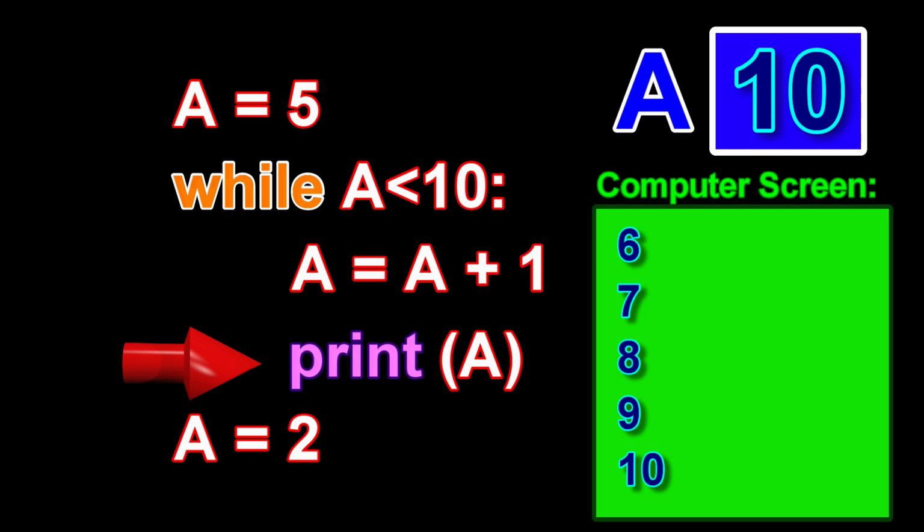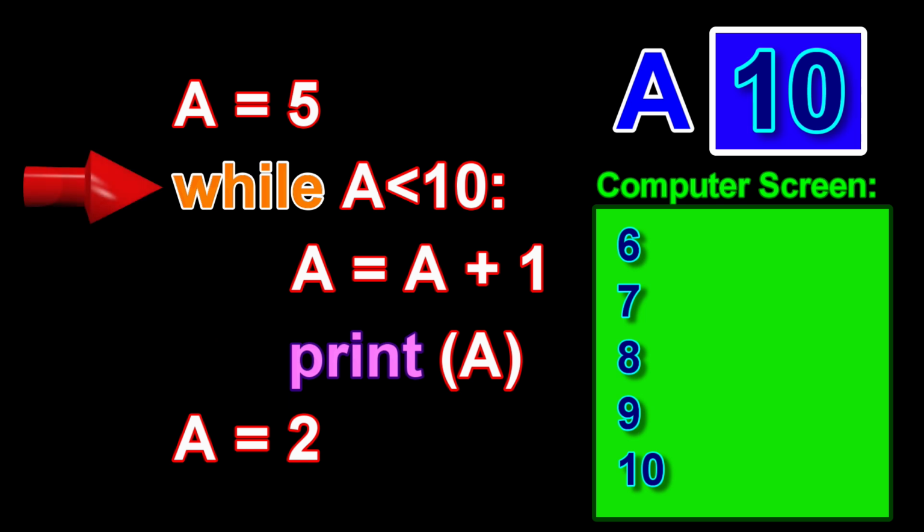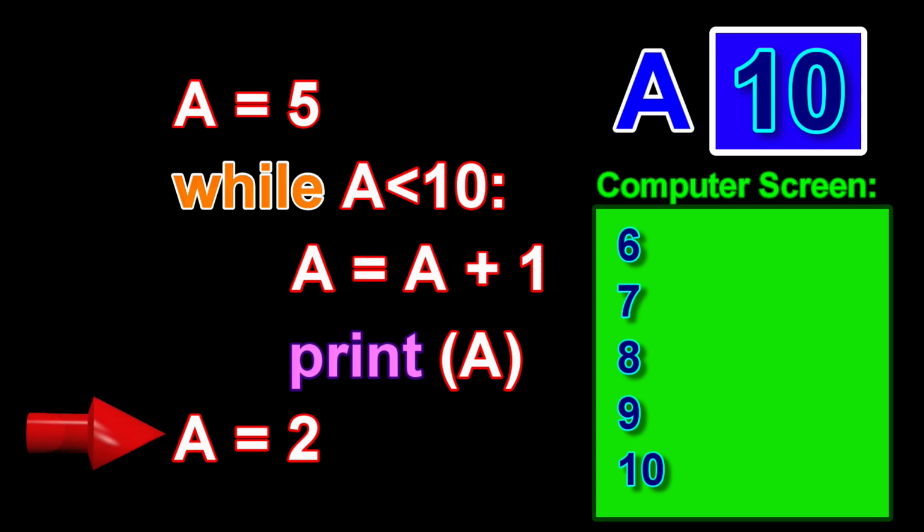We've now reached the end of the loop, and we are therefore taken back to the beginning, where we check if the present value for the variable a is less than 10. Since 10 is not less than 10, the computer program exits the loop and continues on with the rest of the program.